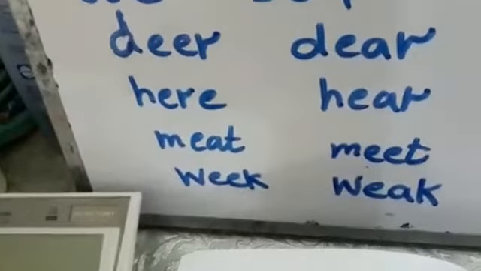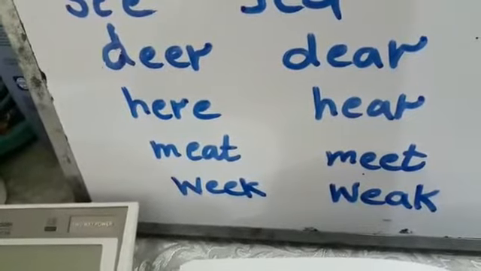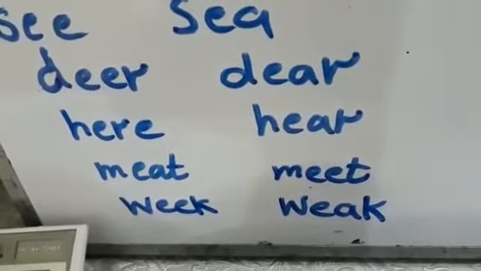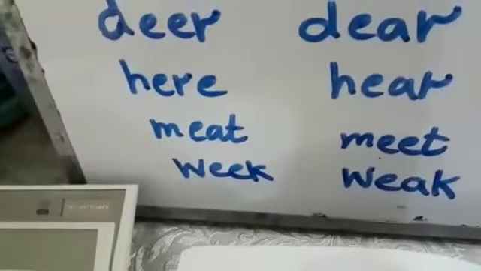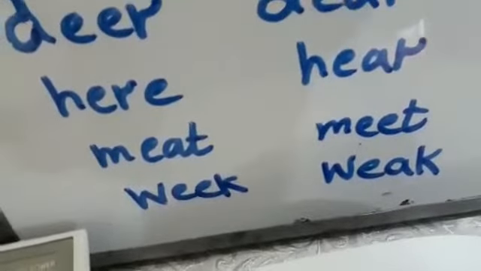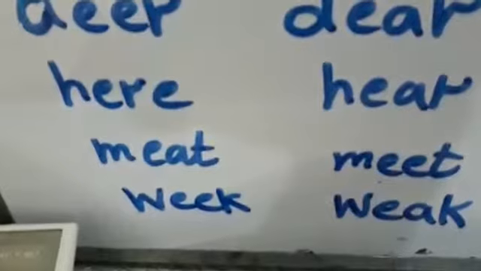Meat and meet. Meat of some animal, a cow, camel, goat, whatever, or to meet somebody physically. Clear? Week and weak. Week means a full week, whole days, from Saturday to Sunday, Monday, Tuesday, Wednesday. These are all the weekdays.